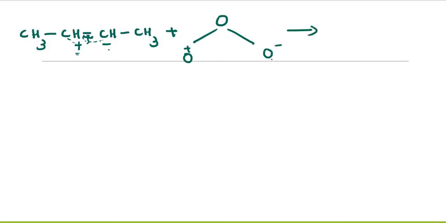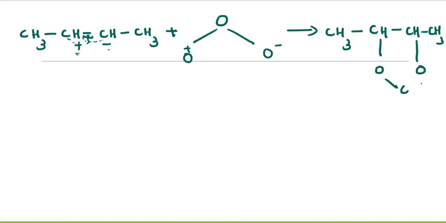So this O minus will attack this positive carbon and thus we can write it as CH3, CH, CH, CH3. The double bond has broken. This O minus will attack this oxygen. The positive one, the electrophile, will attack this carbon atom. So it will be O and we have this one more oxygen.